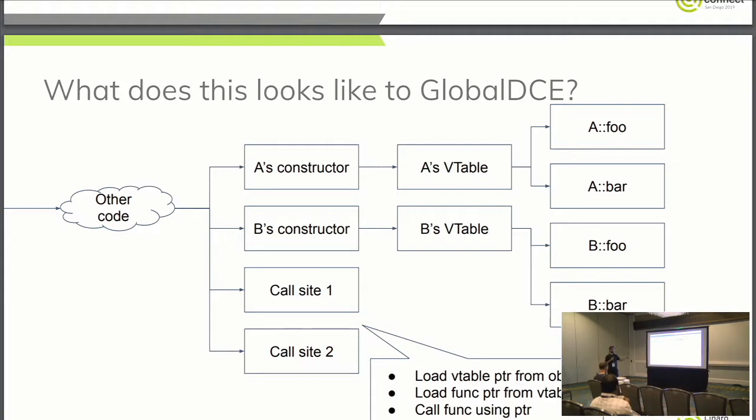They work purely by loading the pointer to the vtable from the object, loading the pointer to the virtual function from that vtable and calling that. So they don't know at compile time where they could be going. And this means all the virtual functions are referenced by something. We don't know just from this that it's safe to remove any of them.